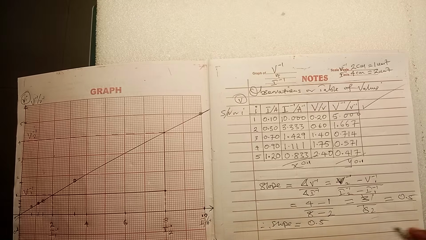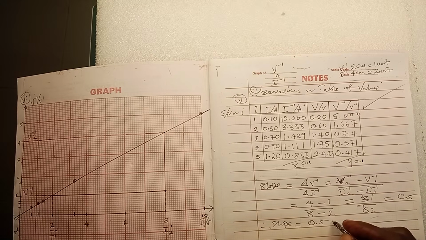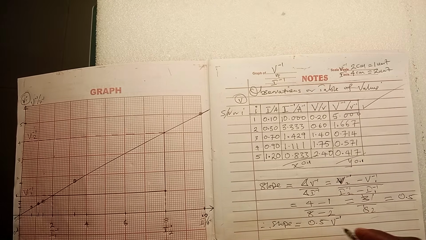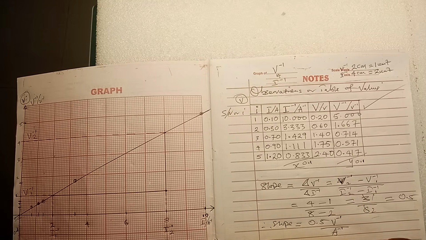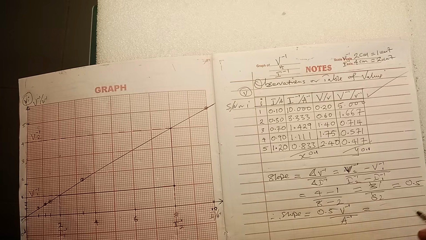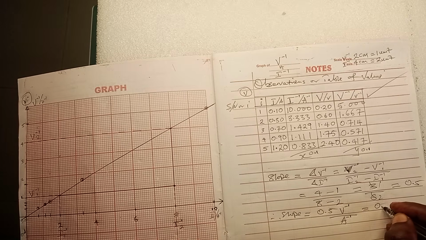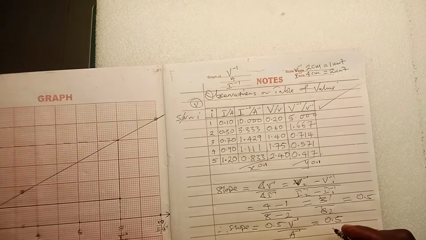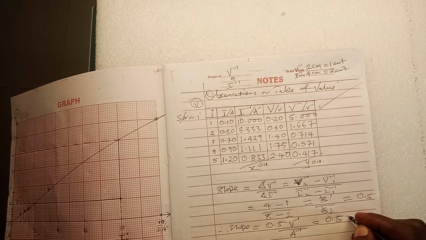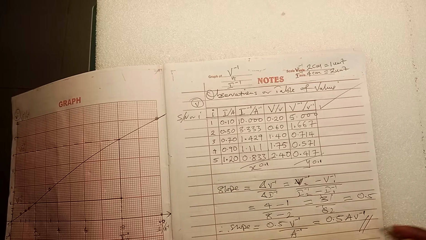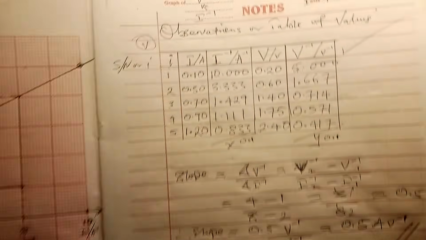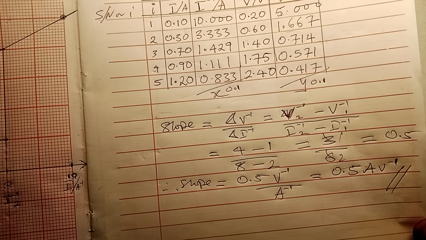So dimensionally, what you have here is V inverse all over A inverse. So your slope is simply 0.5 ohms, V inverse. This is the value for your slope and the SI units.